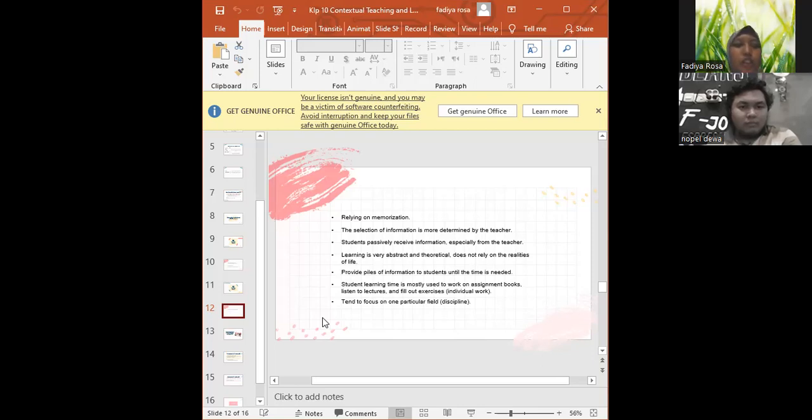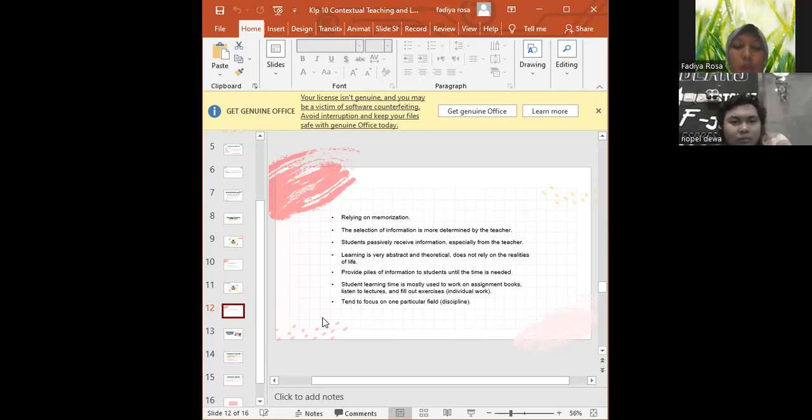And the next is that student learning time is mostly used to work on assessment books, listen to the lecture and fill out the exercises or individual work. They cannot study what they want. They just listen about the rules, like this slide explains, work and assessment books.